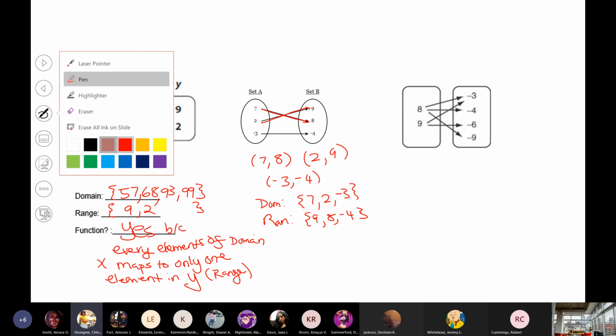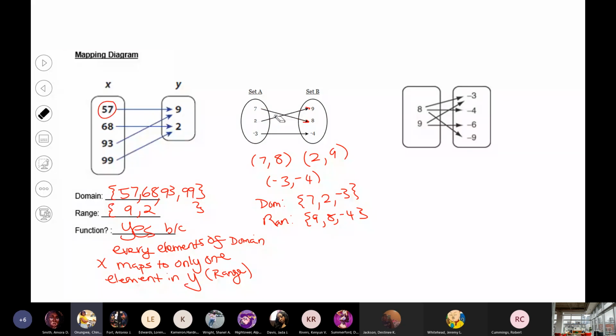However y'all want to remember it, that's up to you. But if I had 7 going to 8 and then the arrow from 7 also going to 9, that would not be a function, okay? Same reason, yes, because every element of my domain is mapping only to one element of my range.